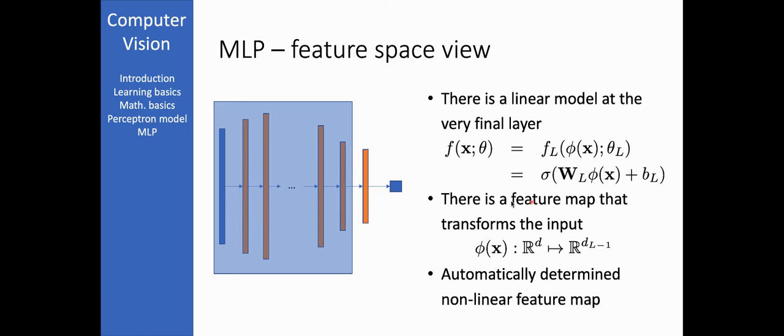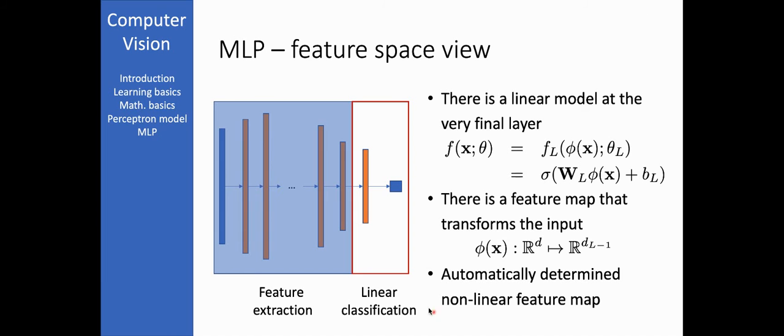So the feature map phi of x, which maps D to the dimension of the final layer, is an automatically determined nonlinear feature mapping, whose aim, in the binary classification problem, is to create a representation of the data that's linearly separable. So I have the linear classification at the end, and the feature extraction here.